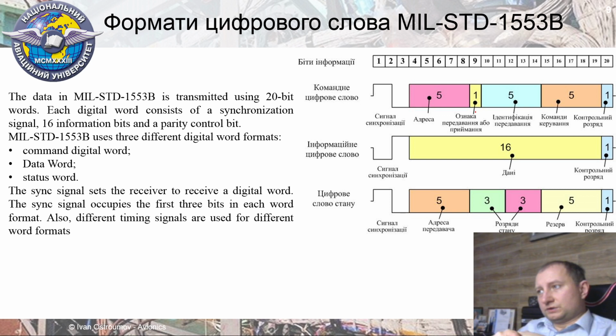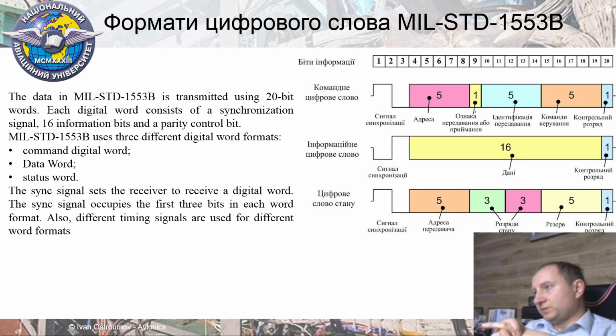Thus, 20-bit data words are used in MIL-STD-1553. The difference between these words is significant, and receivers can recognize the type of these data words by a specific synchronization signal, which takes the first 3 bits.